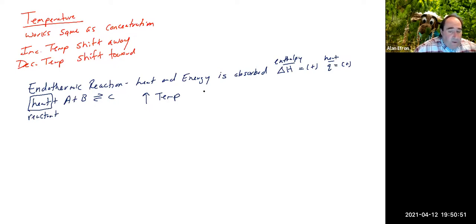It would shift away and shift to the product side in that case. If you decrease the temperature in an endothermic reaction, that would be like removing heat energy or removing reactants. And when we remove reactants, it goes towards the side we removed it from. It would cause it to shift to the left-hand side. Any questions on that one there?